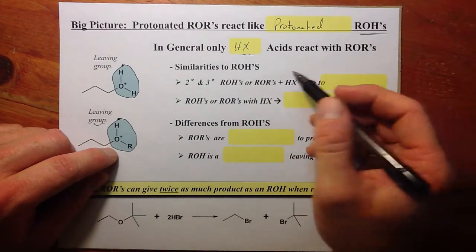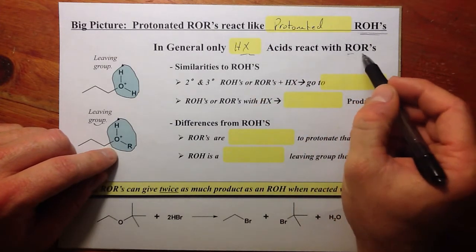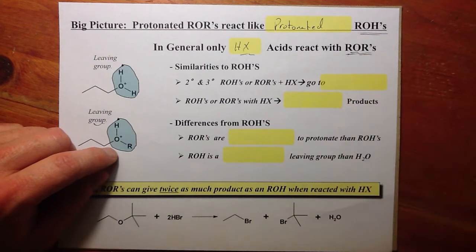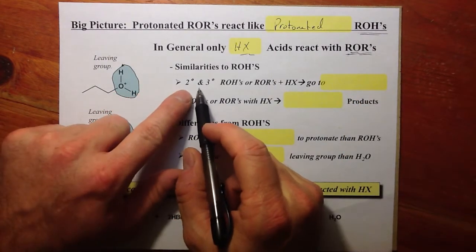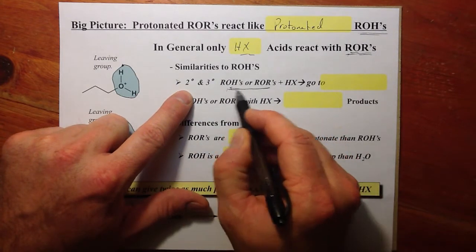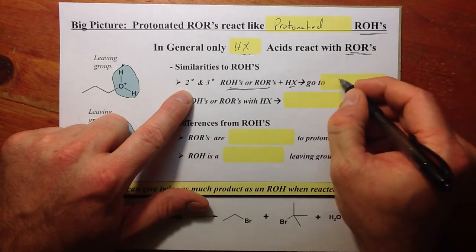So we need a strong acid, usually an HX acid, to have reactions of RORs. These are non-polar, so it takes a little oomph to get them to be protonated. Some similarities with the alcohols. One, secondary and tertiary ROHs or RORs with HX, we go to carbocation.